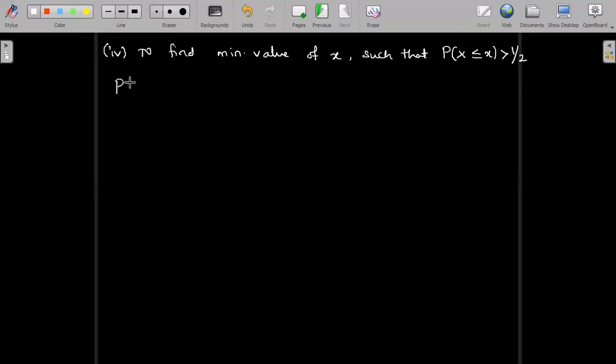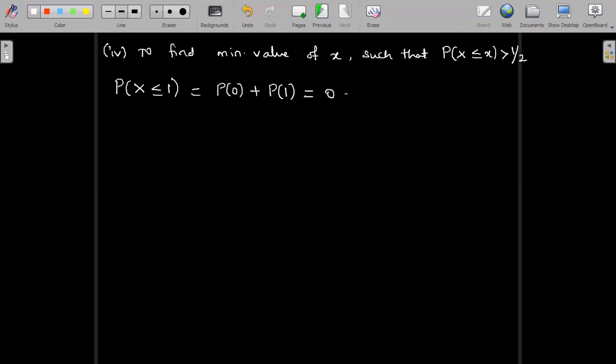So we have first probability of X less than or equal to 1. When I say X should be less than or equal to 1, it is probability of X equal to 0 plus probability of X equal to 1. Probability of X equal to 0 is 0 and probability of X equal to 1 is 0.1, from the probability distribution table.